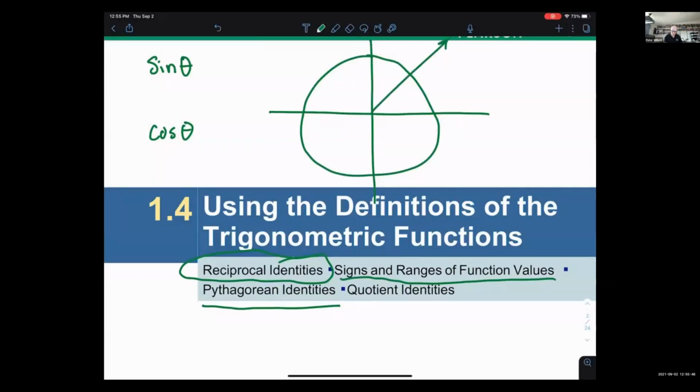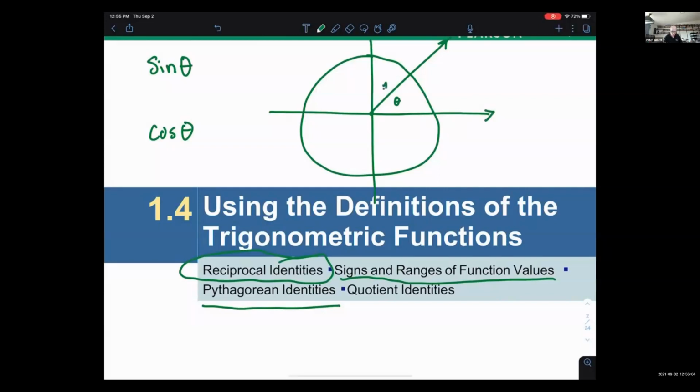If we have an angle theta where the vertex is at the origin, the initial side is the right-pointing x-axis, and the terminal side is a ray from the origin sticking out, and we have a unit circle here.